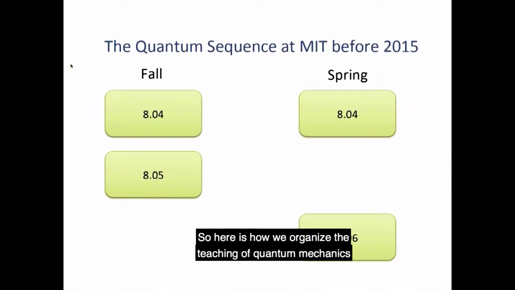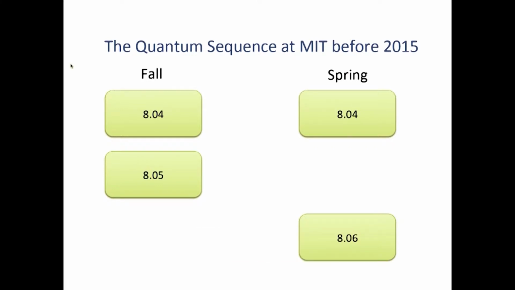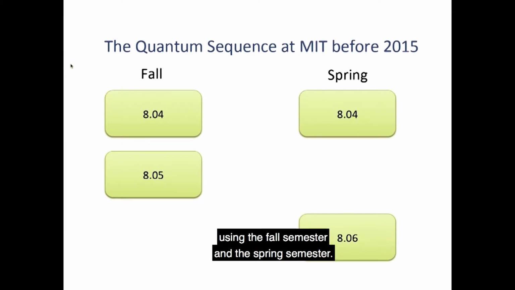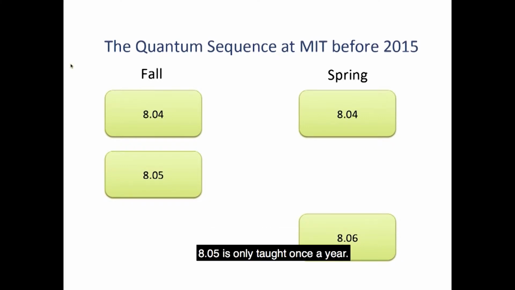So here is how we organize the teaching of quantum mechanics using the fall semester and the spring semester. 804, the course that is taken by most of the students, is taught 2 times a year. And before 2015, it was taught exactly in the same way. 805 is only taught once a year.